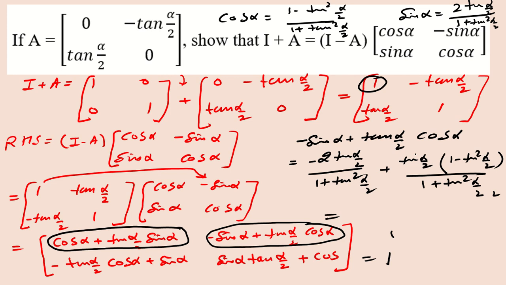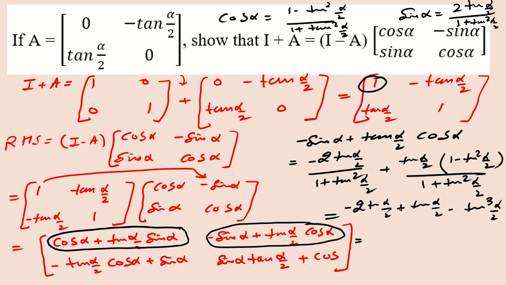Okay. Now multiply this tan inside the bracket. What you will get here? And take the LCM as well. So it will be minus 2 tan alpha by 2 plus tan alpha by 2 minus tan cube alpha by 2. Denominator is same, so I am not writing denominator again and again.